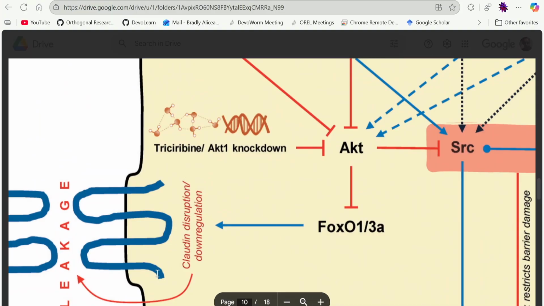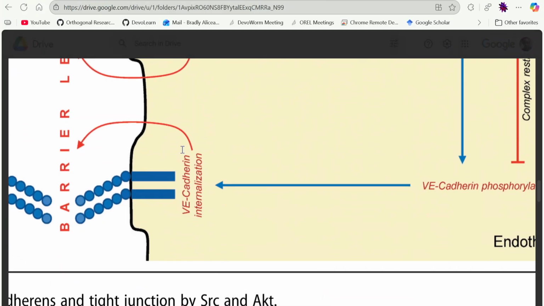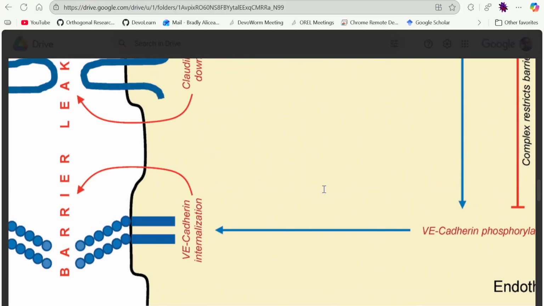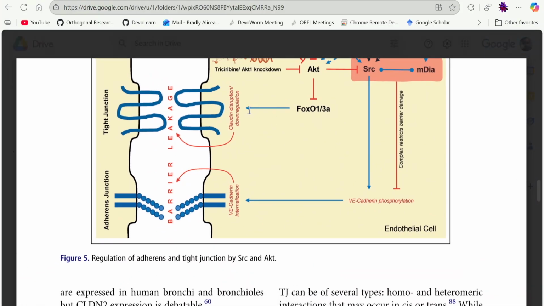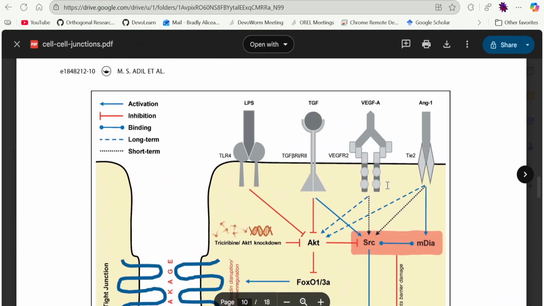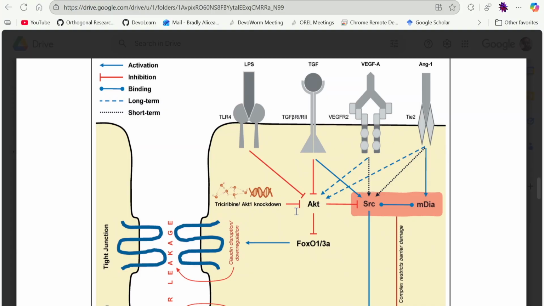These are basically claudin disruptions, and those result from downregulation of claudin. You also have VE-cadherin internalization, which is again a product of the molecular milieu in one cell or another. So you can have underproduction of different factors, and they can result in this barrier leakage. You also have different receptors on the surface, and they lead to different things going on here.